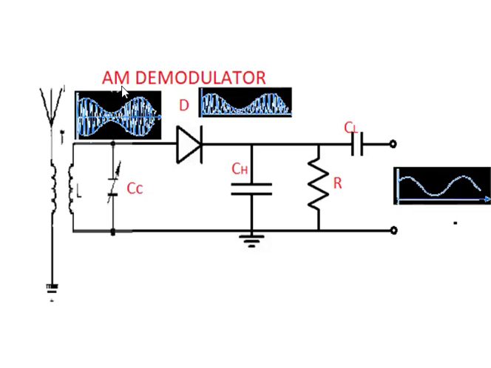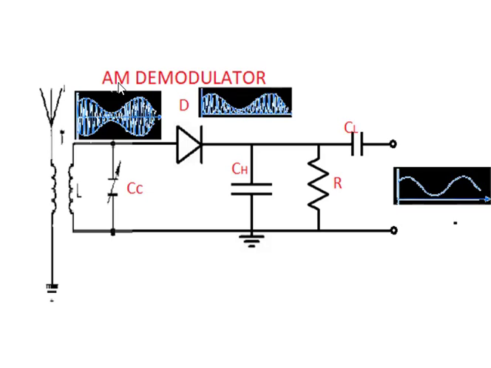So this circuit separates the message from the modulated wave. We know well that AM is the amplitude modulated wave. Also, you know the modulation. What is modulation? A combining process of a low frequency message-carrying signal with a high frequency carrier wave is called modulation.